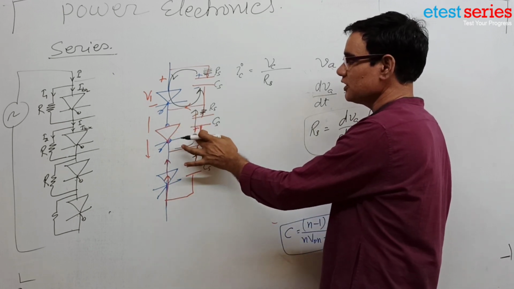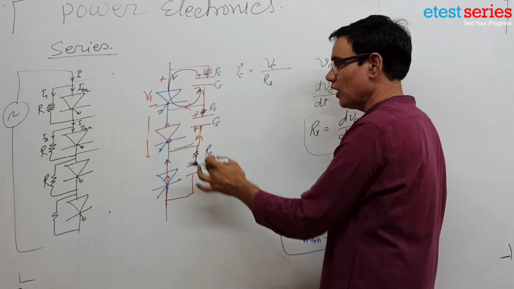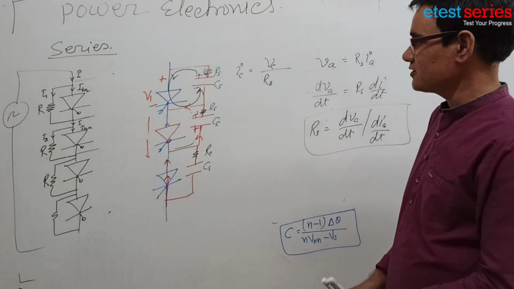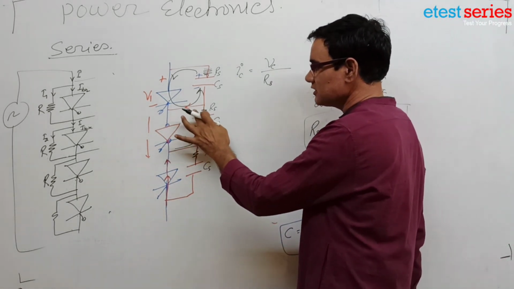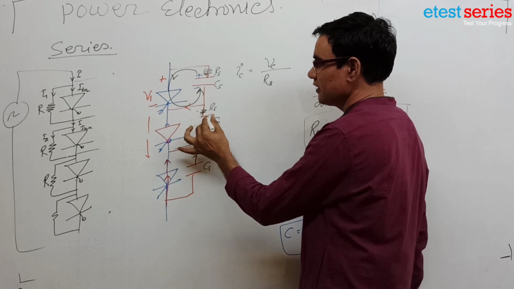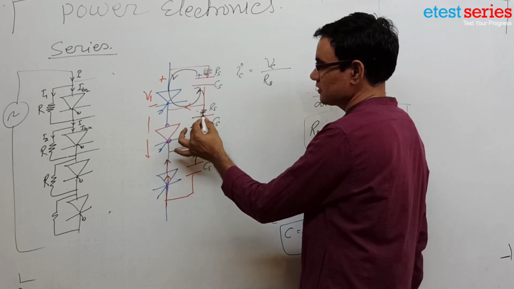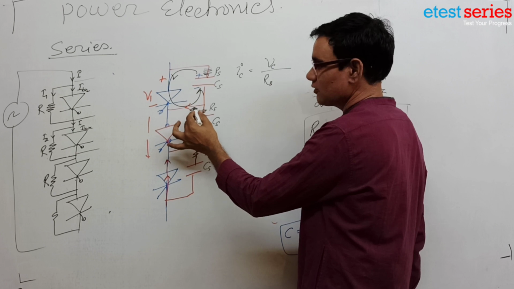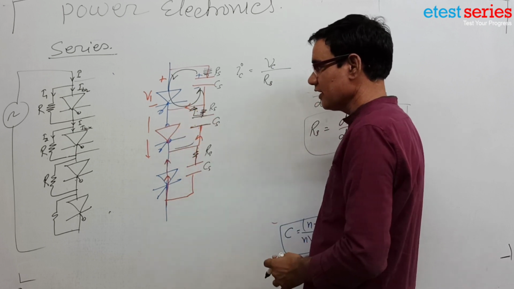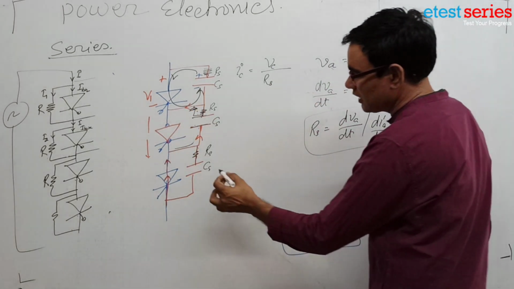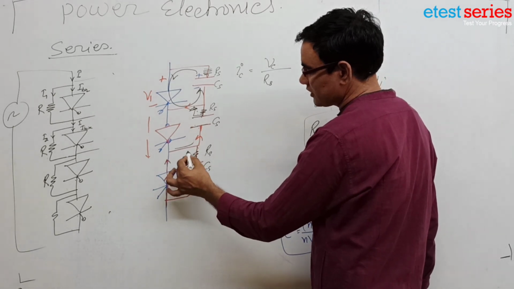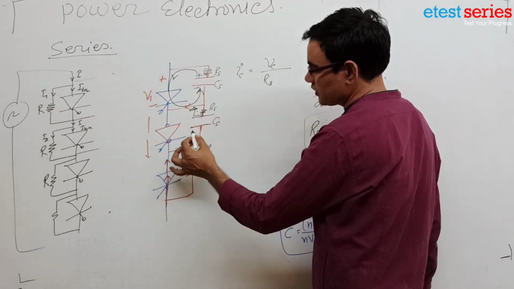To avoid this, to provide an additional path for the reverse recovery current, we will provide a diode in parallel with this resistance. So when the reverse recovery current flows, it flows through this diode.